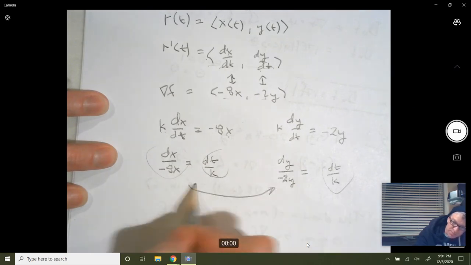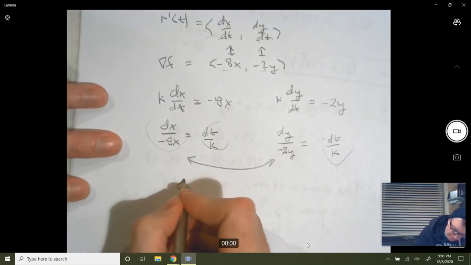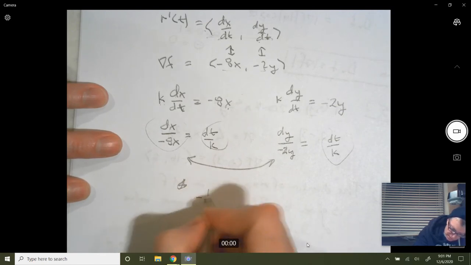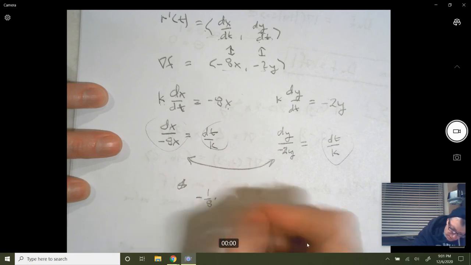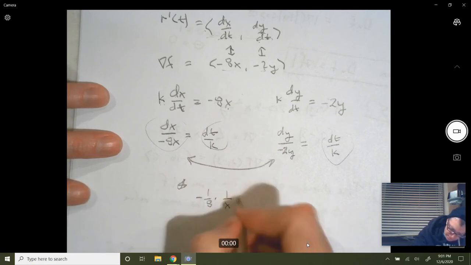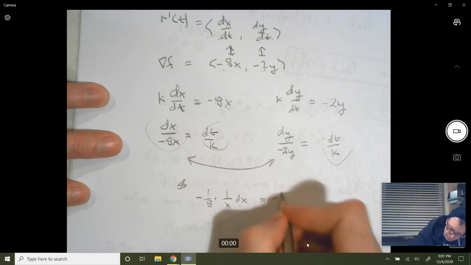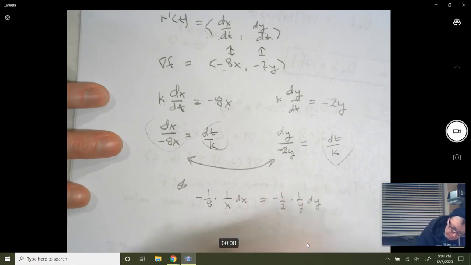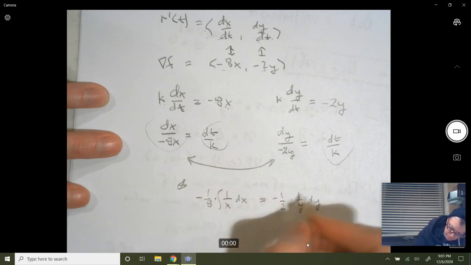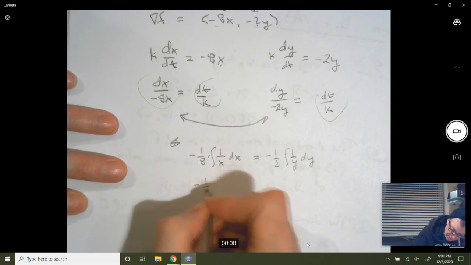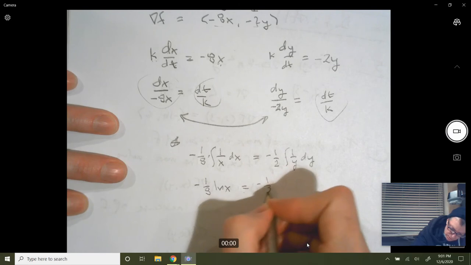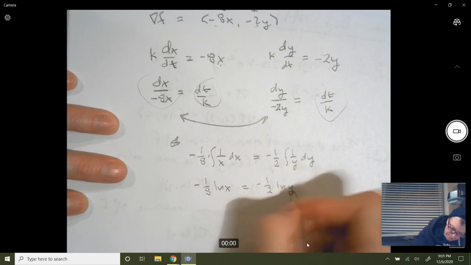Okay, so dx, actually, let's write it this way. So negative 1/8 times 1 over x dx equals negative 1/2 times 1 over y dy. Okay, we're going to integrate both sides. So that's going to be negative 1/8 ln x equals negative 1/2 ln y.